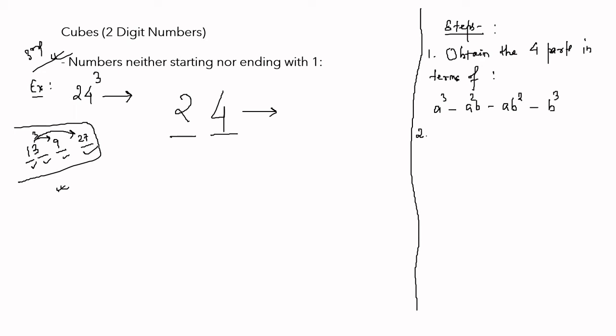Don't panic guys, I'll explain each and everything. Let me just write down the steps first. Okay, now that we have written the first step, let's just proceed with the first step.